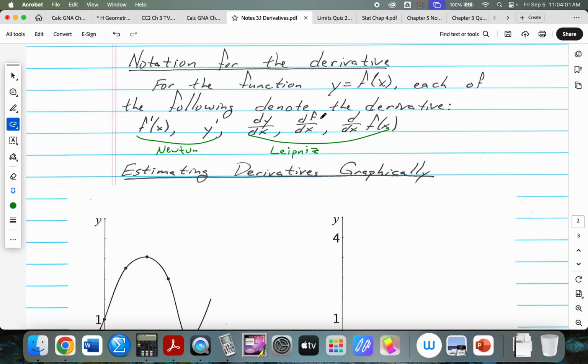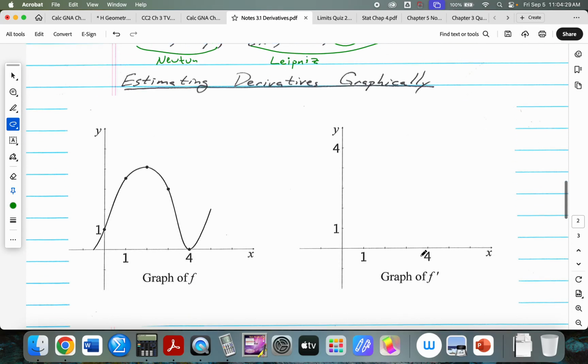Sometimes you'll see this, almost never actually. You will see this, d over dx f of x. This means take the derivative with respect to the variable x of f of x. So when you see it like this, d over dx is an operator, like sine or the square root or anything else. It tells you to do that to what comes afterwards.